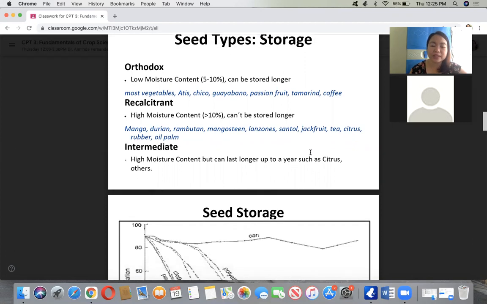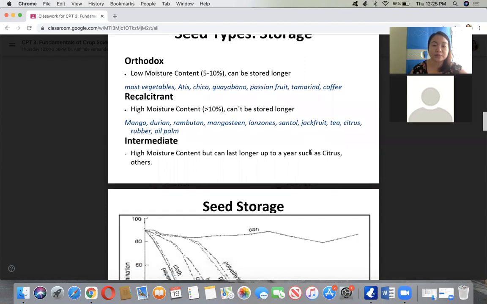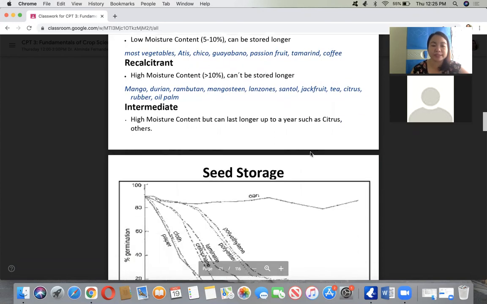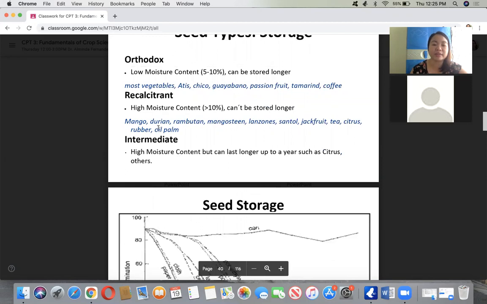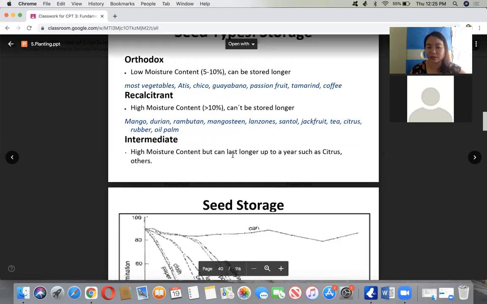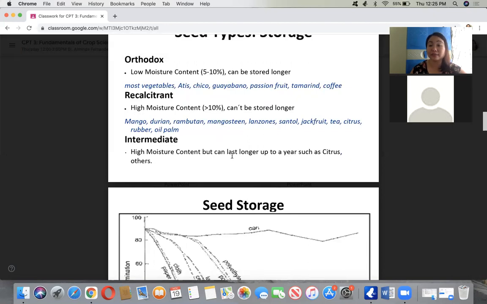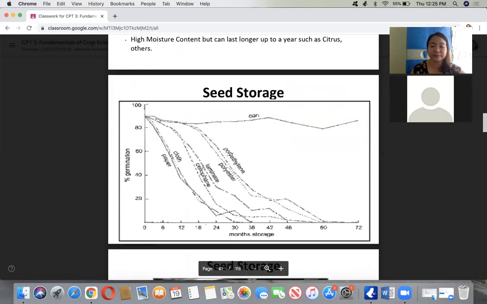There is a physiological reason for that, which will be discussed. And the last, in between orthodox and recalcitrant, is the intermediate, with high moisture content but can last longer, up to a year, like citrus. Its water content is high but it can last even a year.